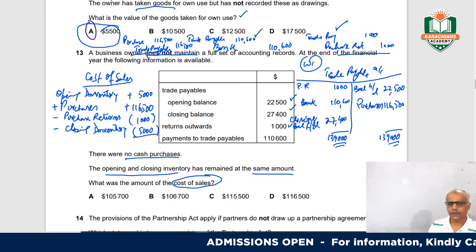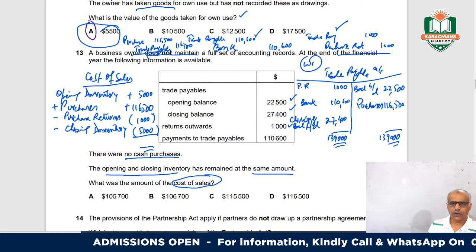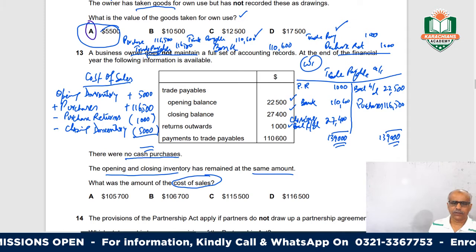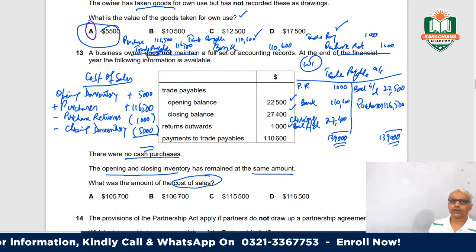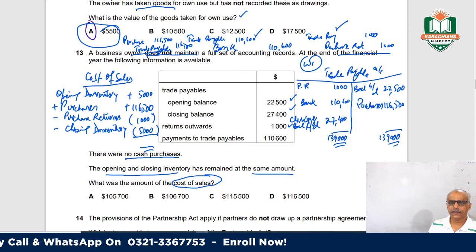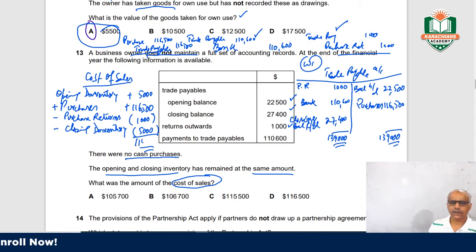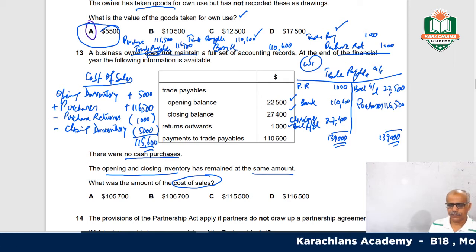Both will be added. So how much would actually be plus minus? Opening and closing have no impact. Only out of this 116,500, 1,000 will be deducted. So you will get 115,500.